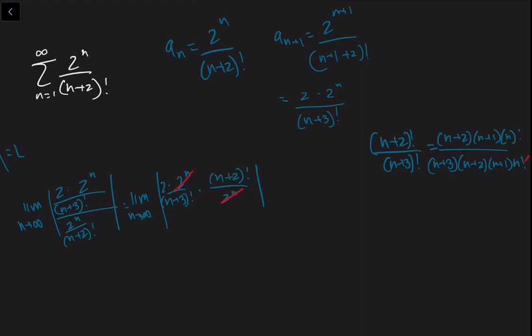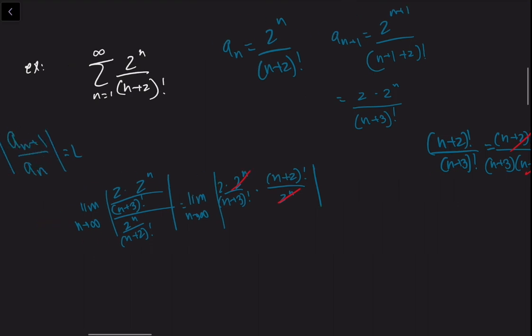And as you can see, they cancel each other. That's kind of cool about these nth factorials. All we're left with is n plus 3. So we can say that n plus 2 factorial over n plus 3 factorial is just equal to 1 over n plus 3. So the factorials cancel each other. We were left with a 2 over n plus 3.